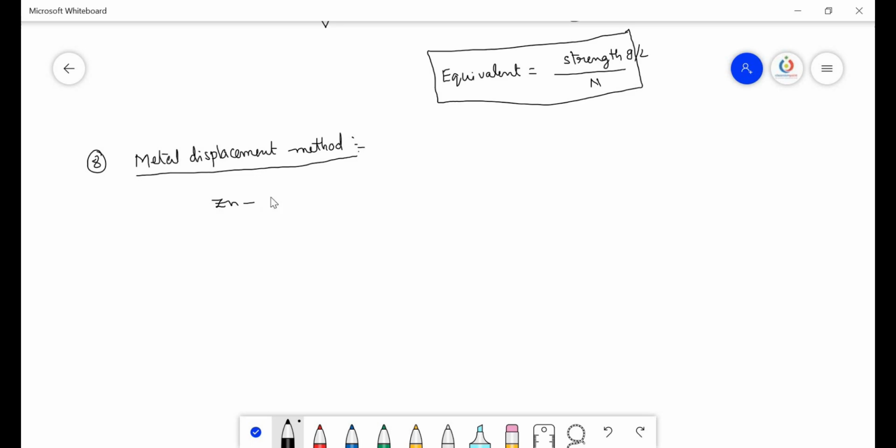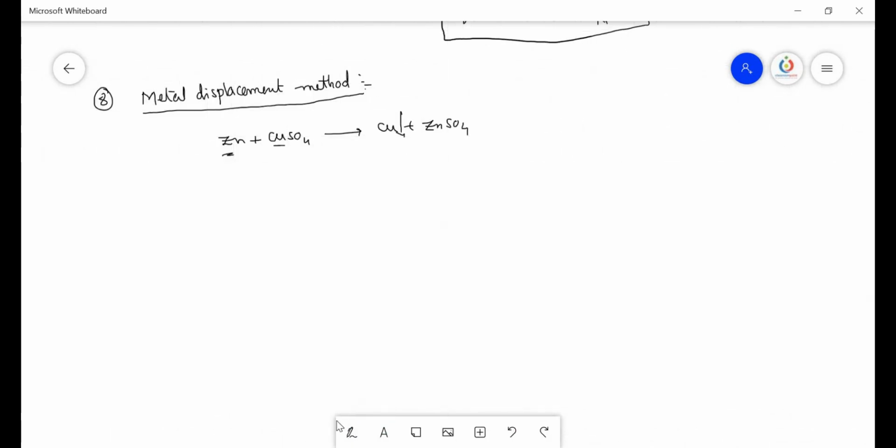If zinc reacts with copper sulfate, it gives copper plus zinc sulfate. So here copper is replaced by zinc. Copper gets deposited and zinc gets dissolved. In such compounds, how to calculate the equivalent mass? Just like the conversion method, here also it is easy to solve.